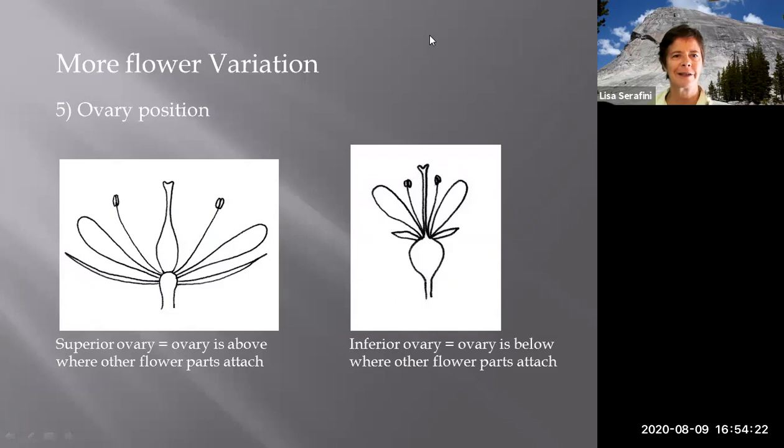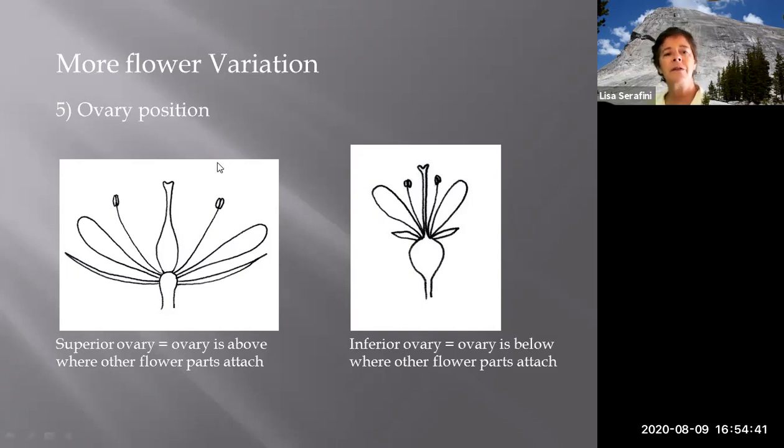Ovary position. Okay, I know I'm throwing a lot at you fast, but don't worry. We will practice this over and over again as we look at different flowering plant families. Ovary position, there are two positions, and we're talking about position relative to where the other flower parts attach.